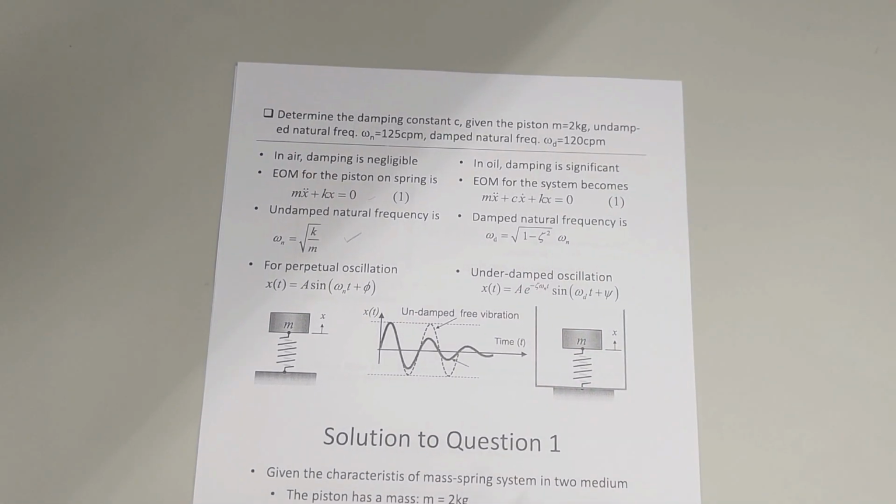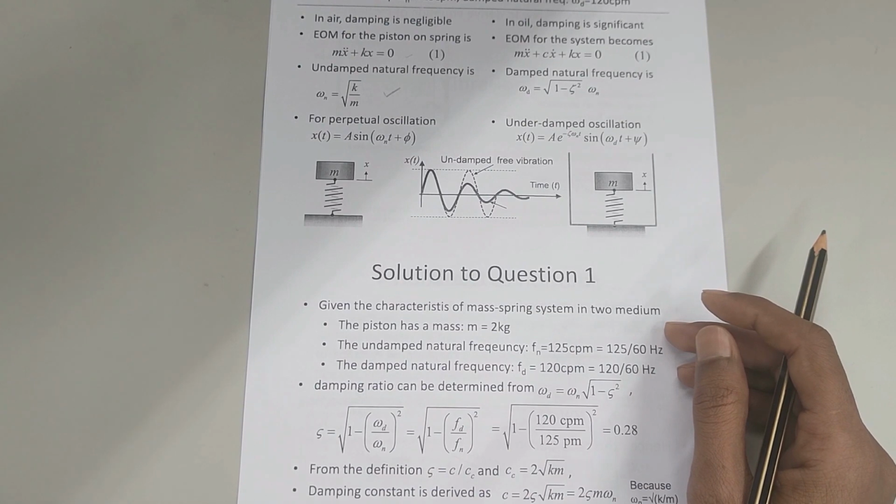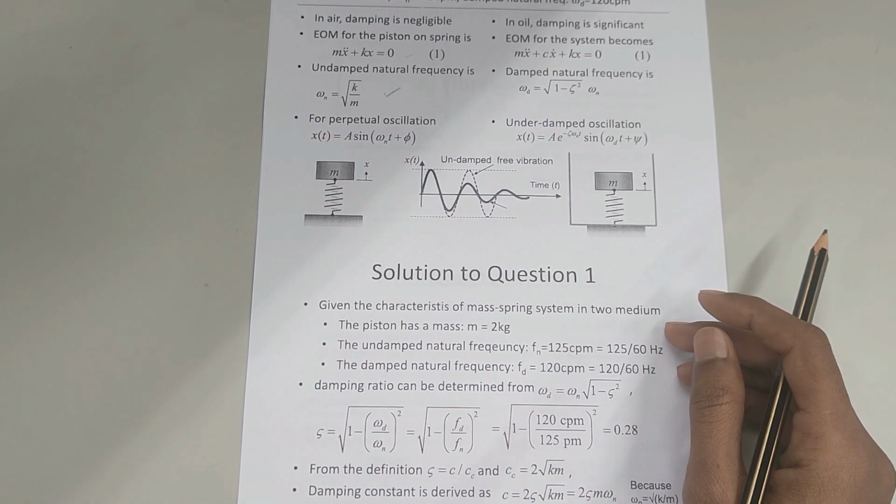Here the piston mass is 2 kg, and we have all the values: undamped natural frequency and damped natural frequency. So we can calculate the damping ratio.